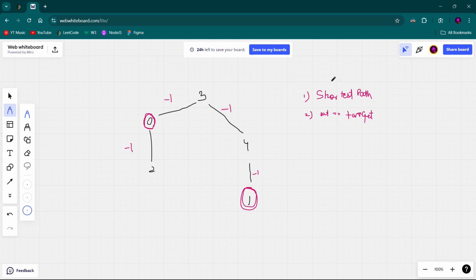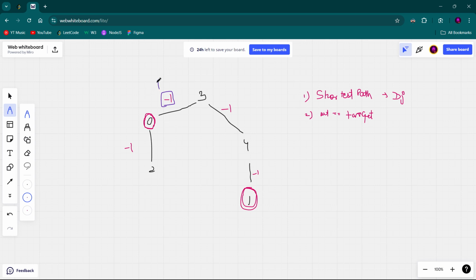We can find the shortest path with Dijkstra's algorithm. Now the thing is we have to find it such that the weight equals the target. And the problem is saying that if an edge is -1, then we can change the weight according to our need.